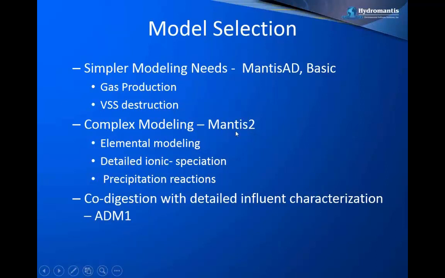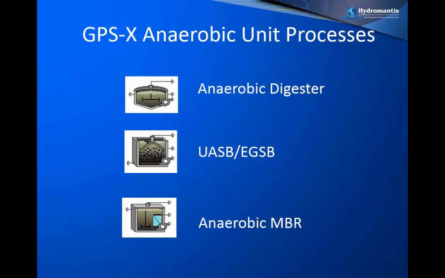It does the elemental modeling, has a detailed ionic speciation model, and the precipitation reactions. In situations where you have detailed influent characterization with respect to your proteins, carbohydrates, and lipids, and for co-digestion type of applications, ADM1 is probably a better choice.